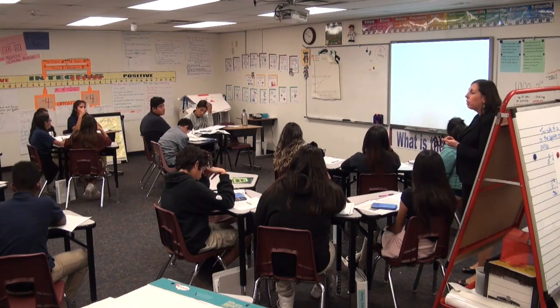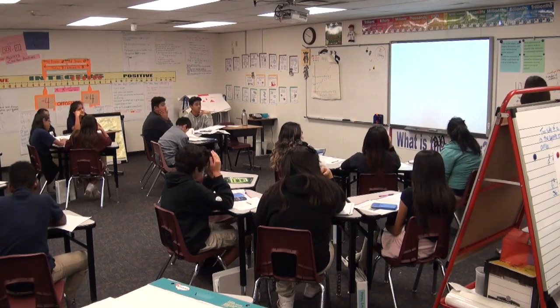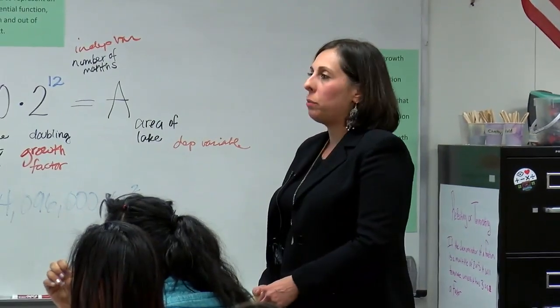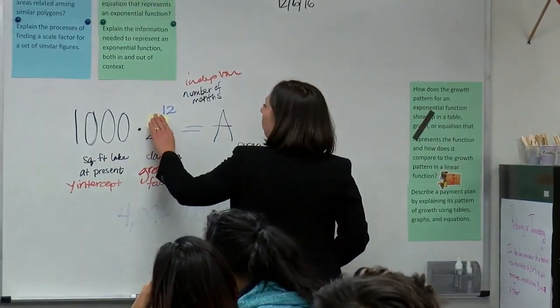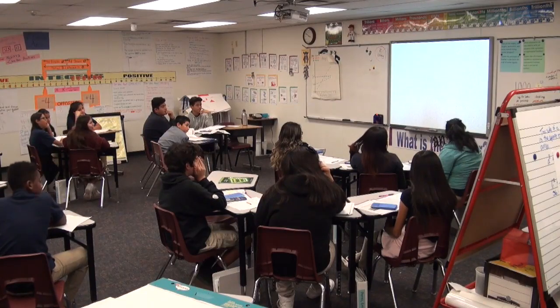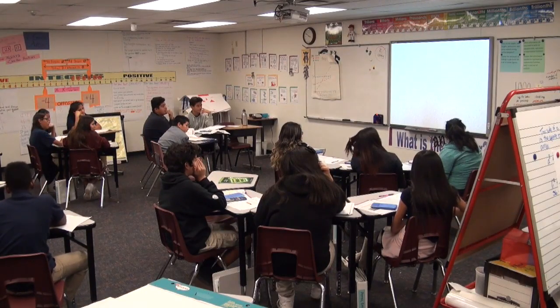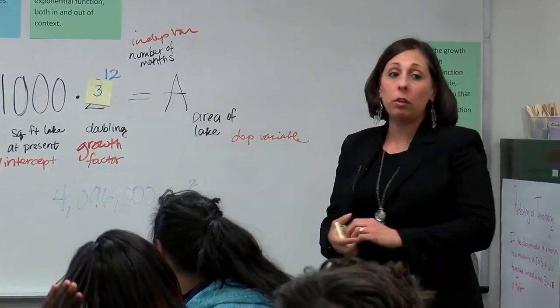What is the growth factor at present? 2. Okay, so instead of the growth factor being 2, it would become a 3, right? That would increase the area of the lake, wouldn't it? We saw that with the arubas. Thank you for pointing that out.